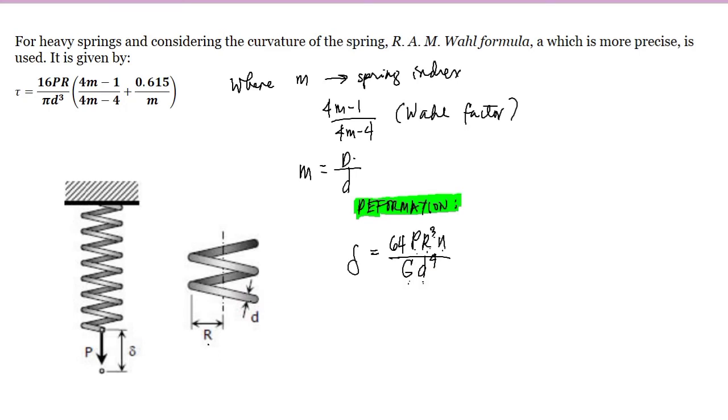So we notice that the deformation is directly proportional to the applied load P. The ratio of P and the deformation is called the spring constant. The spring constant, denoted as k, is the ratio of the load and the deformation.